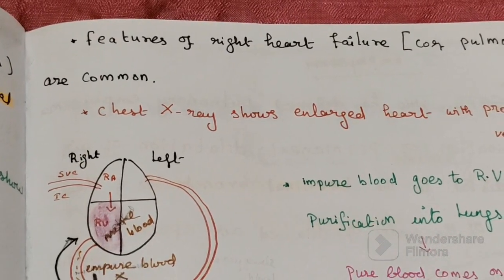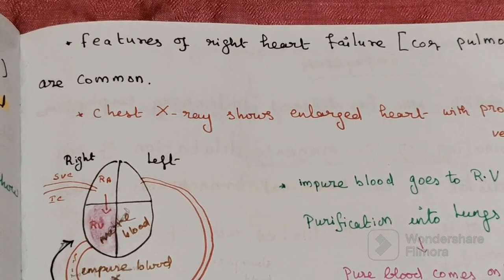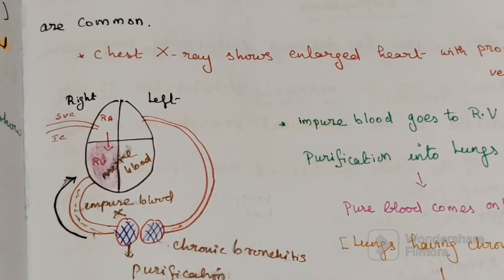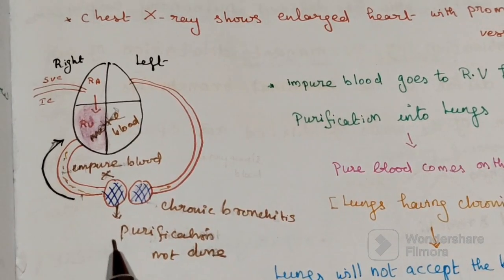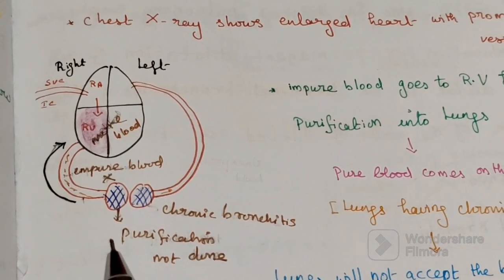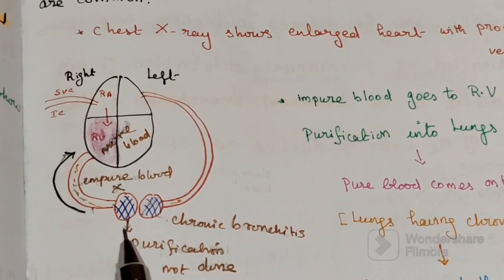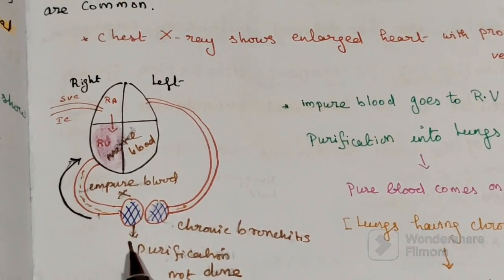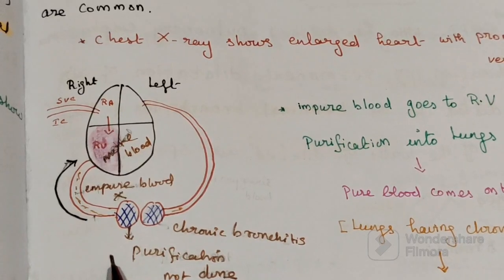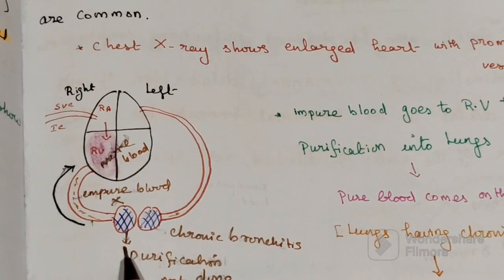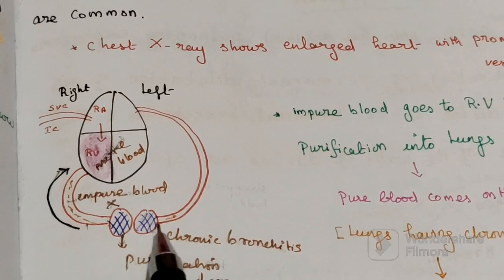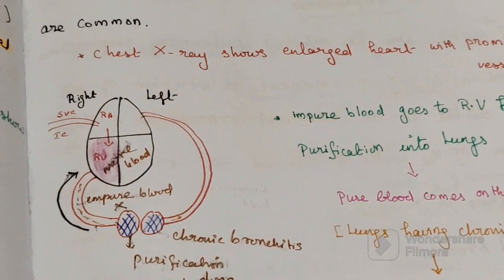From the right ventricle, impure blood goes to the lungs for purification. The lungs purify the impure blood, and deoxygenated blood becomes pure blood and comes to the left side.